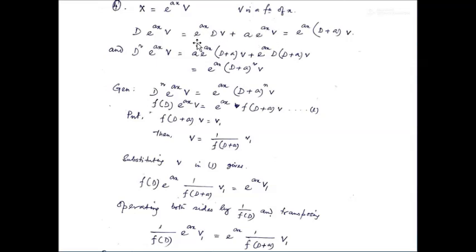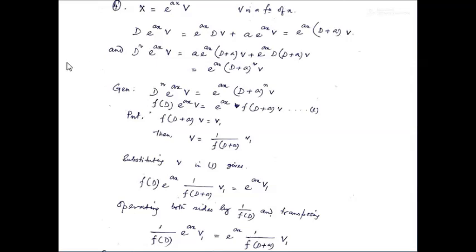So this will be e to the power ax bracket (D plus a) into v. So D square of e to the power ax into v will be again e to the power ax (D plus a) whole square into v. Just initially differentiate this part, we can get this, and the second time derivative we can get this. So this will be reduced in this form.